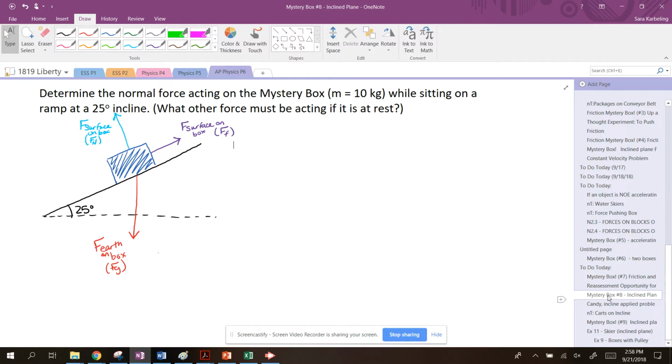So we're going to break it up. We're going to have one part that goes perpendicular, and one part that goes parallel. My right angle is right here, so it is opposite of my original force. That's the hard thing to draw, but I think you can do it.